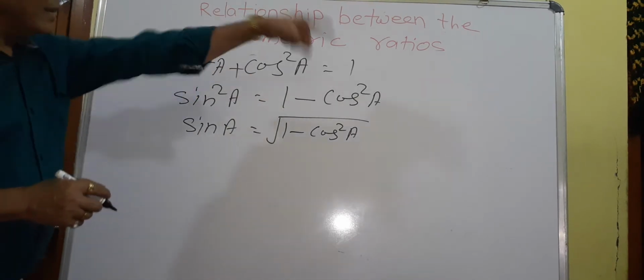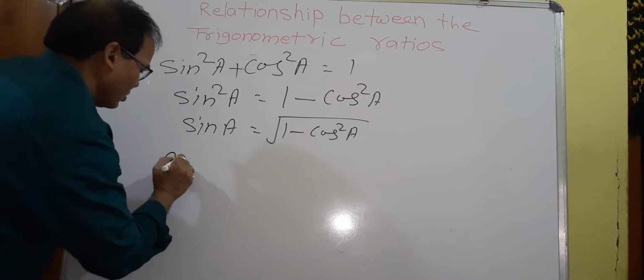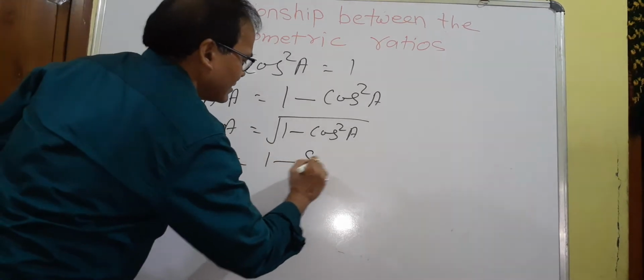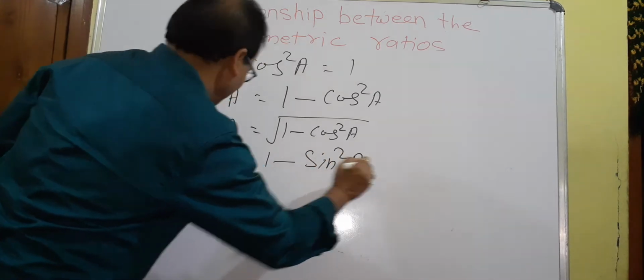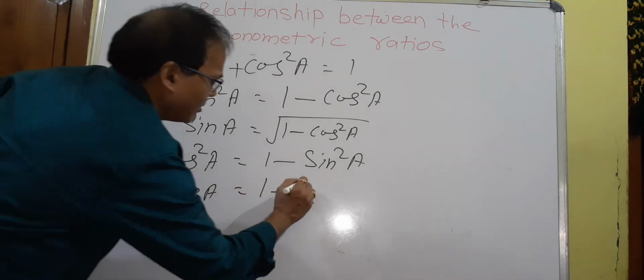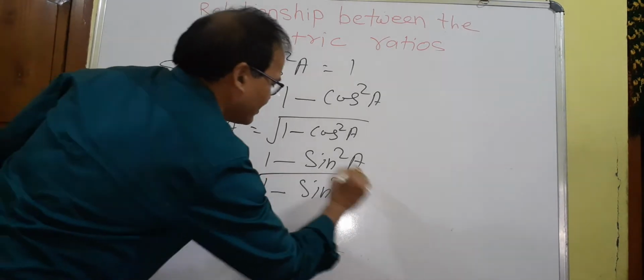If you send sine square A to the other side, then we will write cos square A is equal to 1 minus sine square A. Similarly, cos A is equal to square root of 1 minus sine square A.